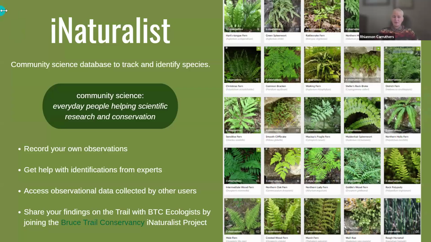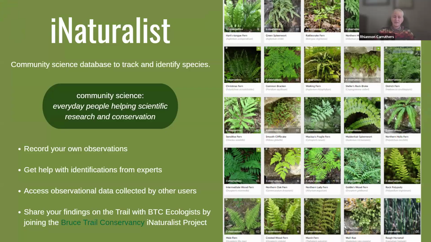iNaturalist. So some of you may have heard of iNaturalist. It is a community science database that's used to track and identify species. For anyone who isn't familiar, community science is this idea that everyday people can help with scientific research and conservation.